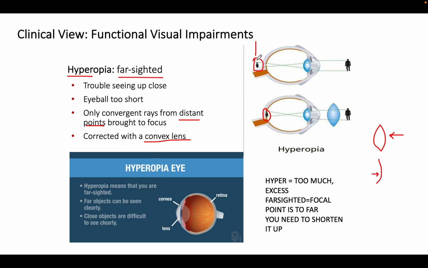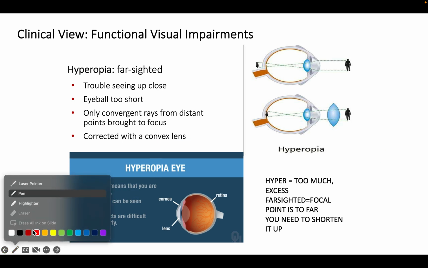Whenever we wear these lenses, the glasses are sticking out in front of the eye. The light's going to hit the lens of the glasses before it hits the lens of the eye, and so it is focused on a point closer to the actual retina.